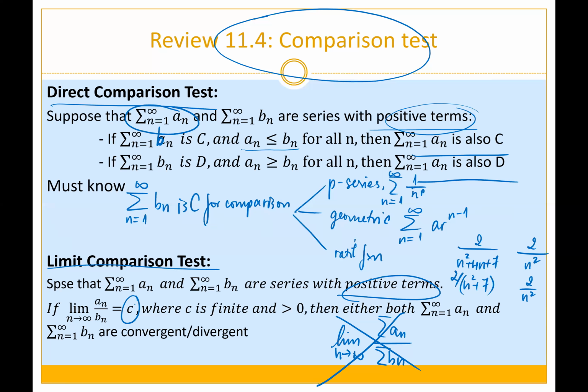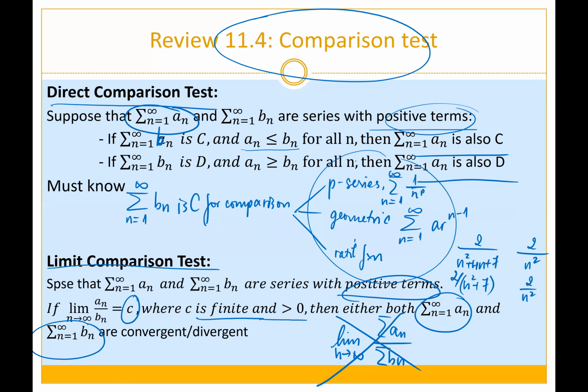So you take the limit of the ratio of the terms of the sequences. If it equals c, where c is a finite number bigger than 0, then either both of them are convergent or both of them are divergent. Usually you're just given the series of a_n, and it's your choice what b_n is. Again, you base that on the principle up here to choose b_n, and it makes your comparison easier.